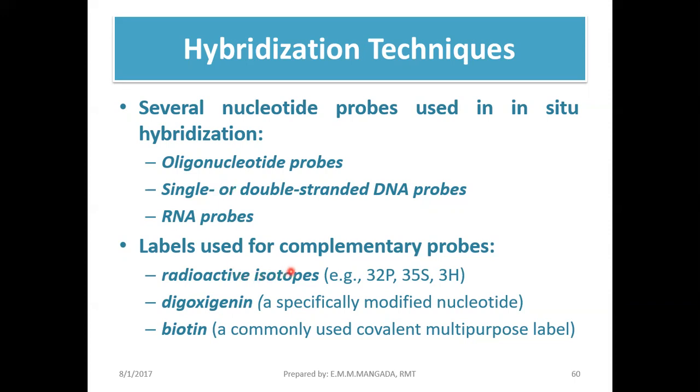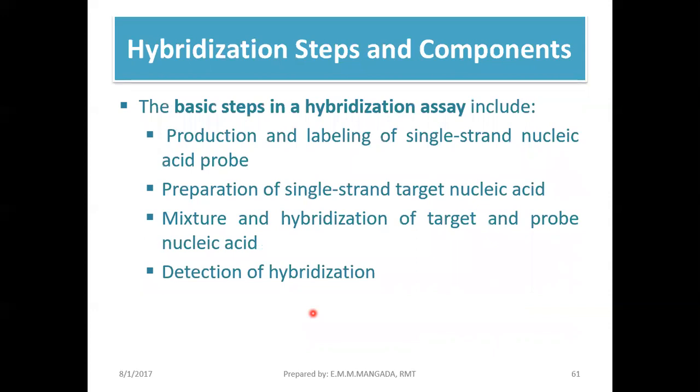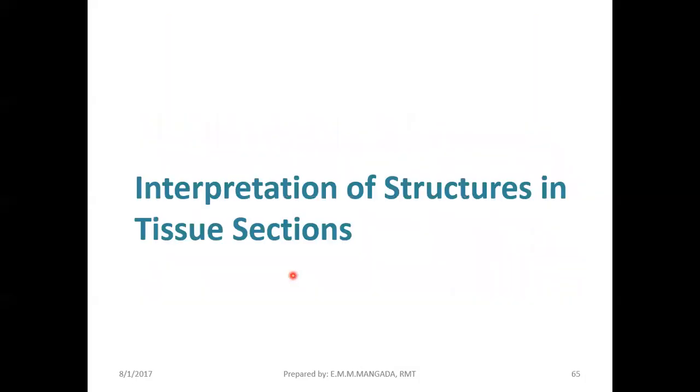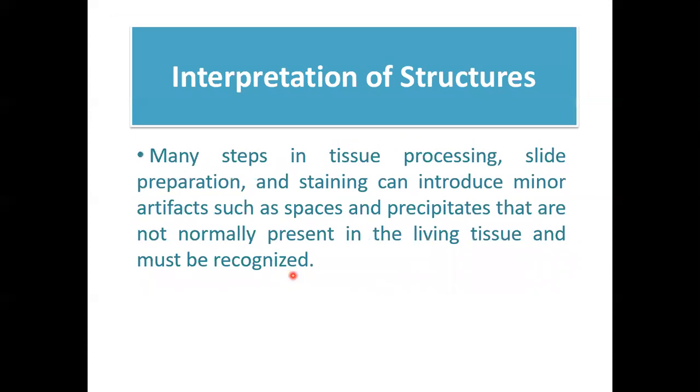Reporter molecules can be radioactive isotopes, chemiluminescent reporters, or fluorescent reporters or fluorochromes. So we have here the basic steps in the hybridization assay. And then, of course, last is the interpretation of structures in tissue sections. Those are the different methods that we use in the study of histology.